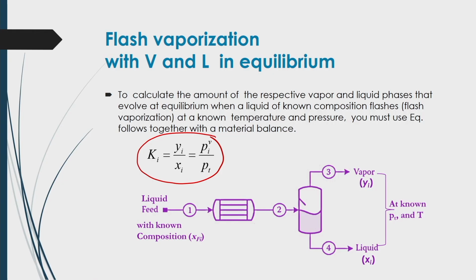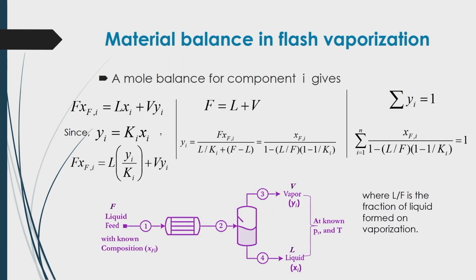To calculate the amounts of vapor and liquid phase that evolve at equilibrium, when a liquid of known composition flashes at a known temperature and pressure, you must use that equation together with a material balance. Now, the material balance in flash vaporization is to be done based on this.